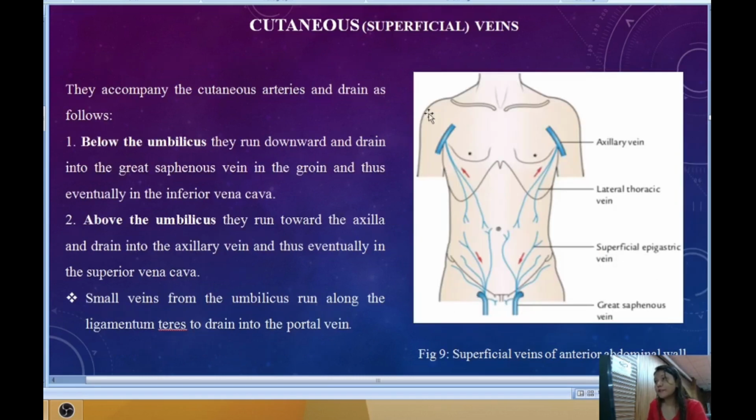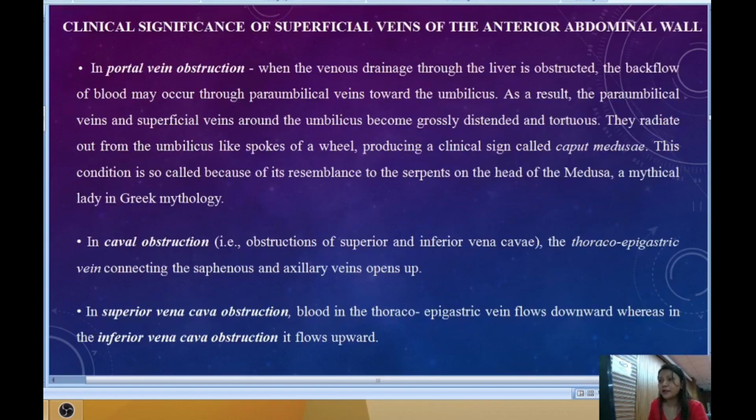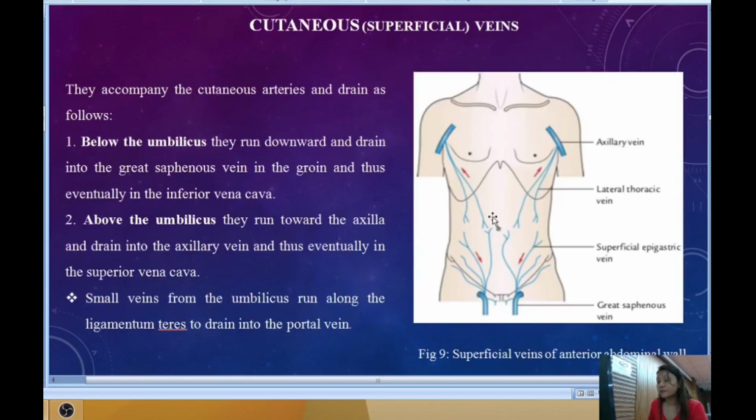Now, a very important slide is the cutaneous veins. Why is it important? Because of the clinical importance. Anywhere there is something regarding clinical importance, that topic is very important. The cutaneous veins accompany the cutaneous arteries, and they drain as follows.